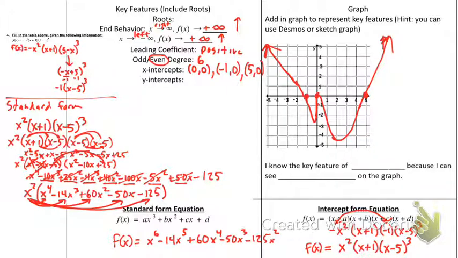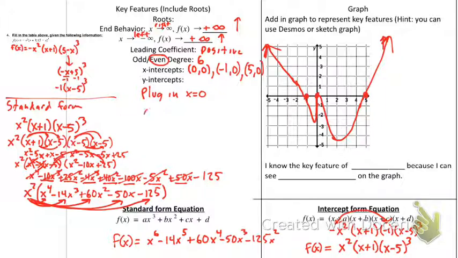So now we want our y-intercept. What we're going to do, if you recall, is plug in x equal to 0 into standard form. Okay, so I'm going to plug in 0 everywhere. Watch what happens.